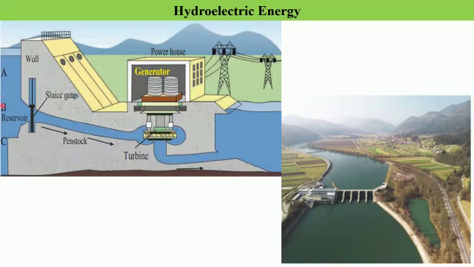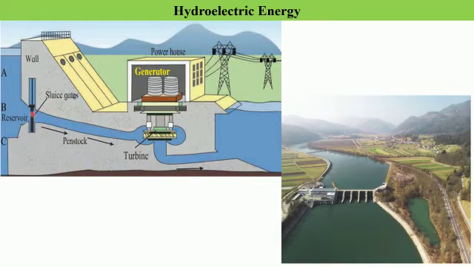Here we have the reservoir where the water is stored and it has potential energy. This potential energy is converted into kinetic energy by letting the water out through the penstock. Penstock, or canal, or pipe we can call it. This is brought about by opening the gates.